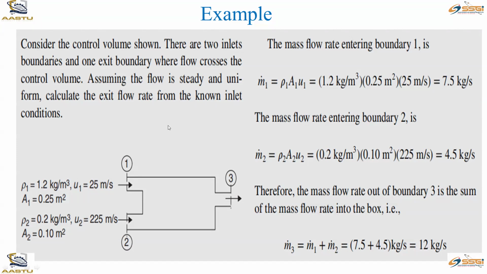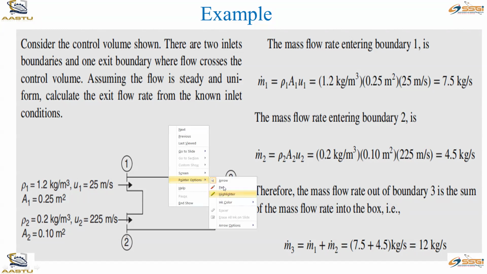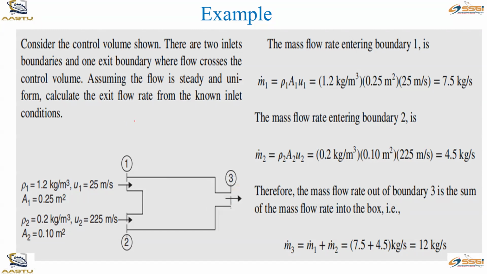So that indicates, according to the continuity principle, mass entering into the system, if this is the system, m dot in at point 1 is equal to mass coming out from the system, m dot out.